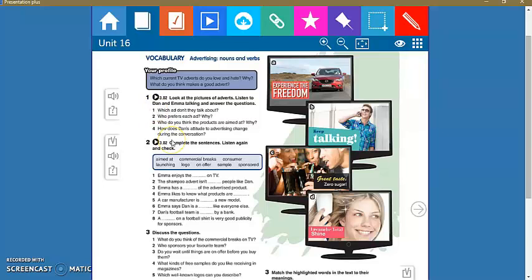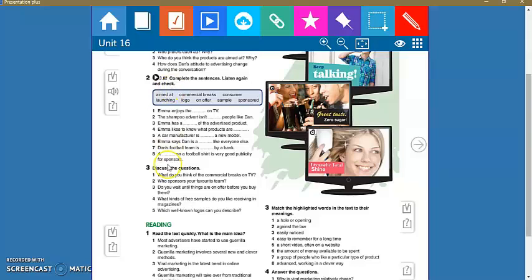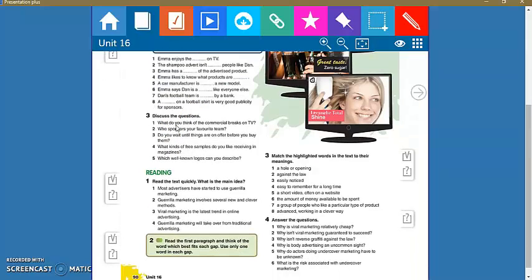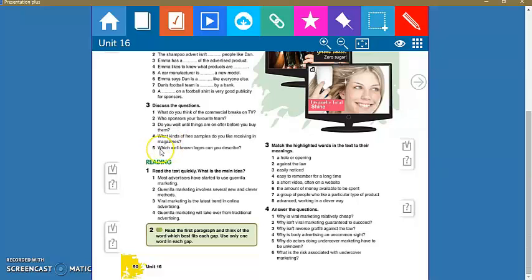Also, as soon as we finish these listening and vocabulary exercises, we are going to continue with the second part of this class, which is going to be for reading. Here we are going to work in class as well. I am going to give you the reading comprehension strategies.